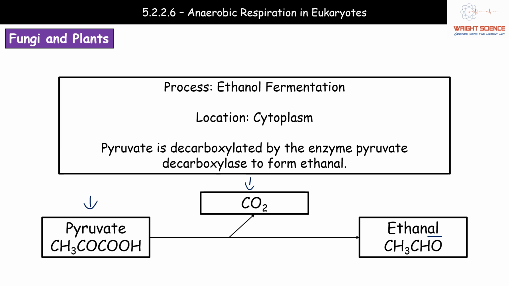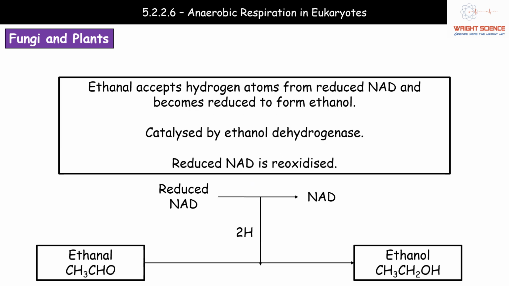Now in order to carry out that process we need an enzyme, and the enzyme is pyruvate decarboxylase. So obviously we're decarboxylating, so it's a decarboxylase, and the thing we're decarboxylating is pyruvate. The ethanal is then going to accept hydrogen atoms from our reduced NAD, therefore reoxidizing it into our NAD that we needed to reform, and those hydrogen atoms form with the ethanal to make ethanol.